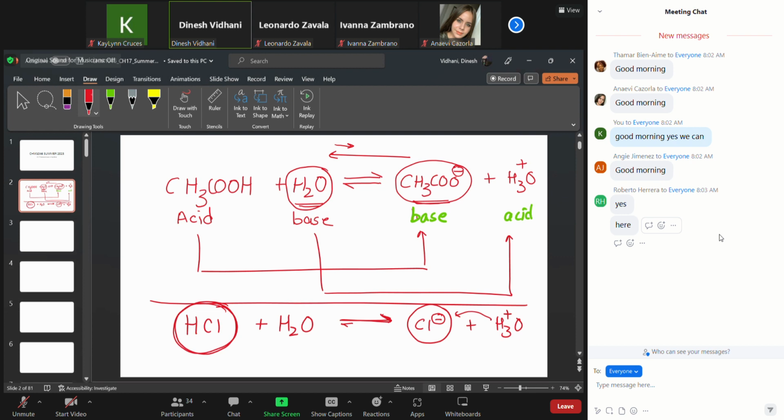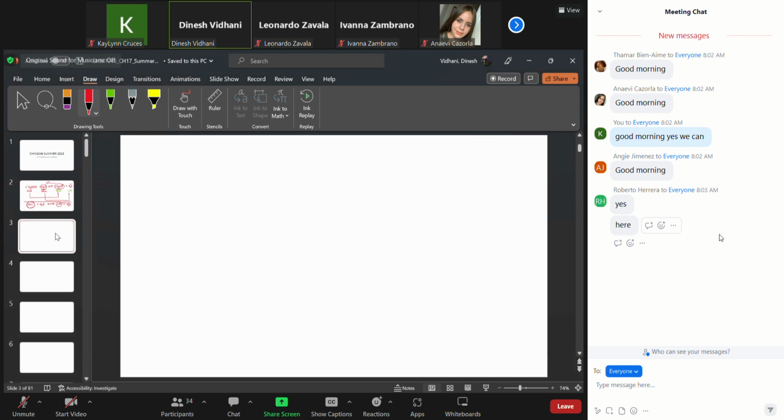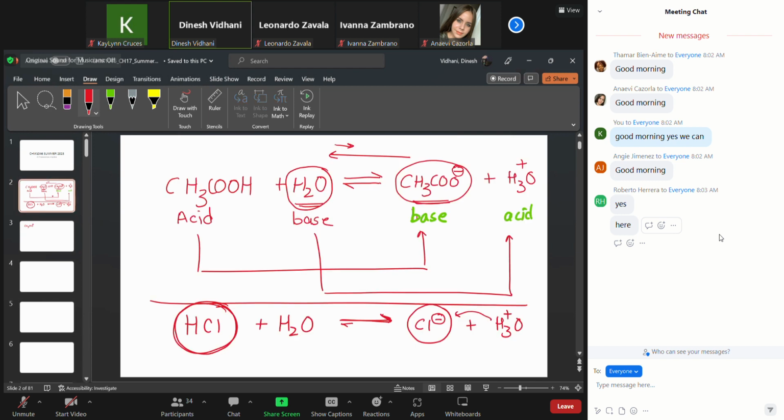So understand this basic concept. Let's expand this into the next part. Now, suppose I take acetate ions, simple, right? If I take a salt of it, just like NaCl, you put HCl and mix it with NaOH, you get NaCl and water.